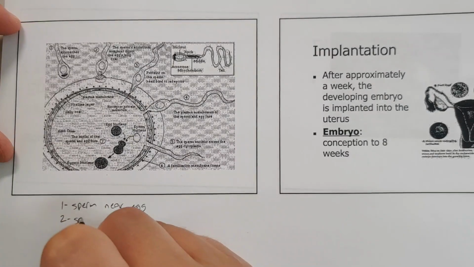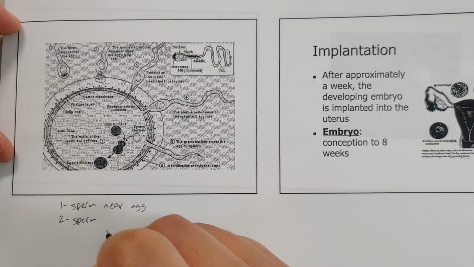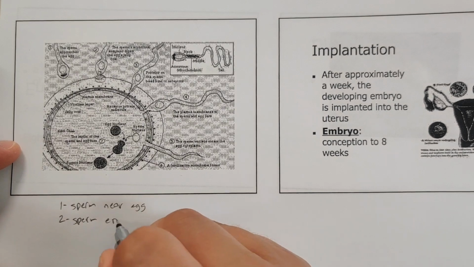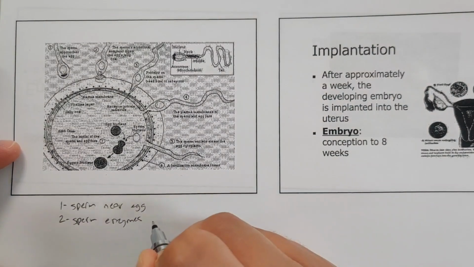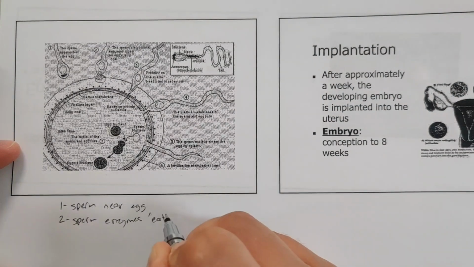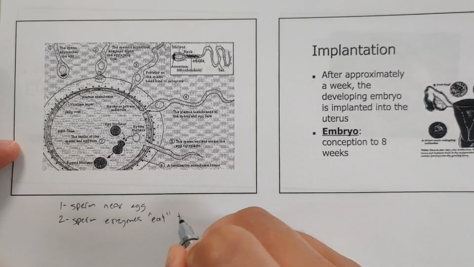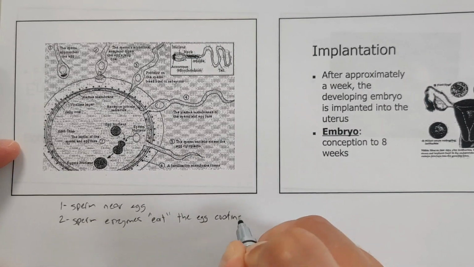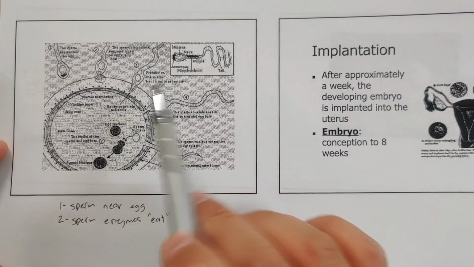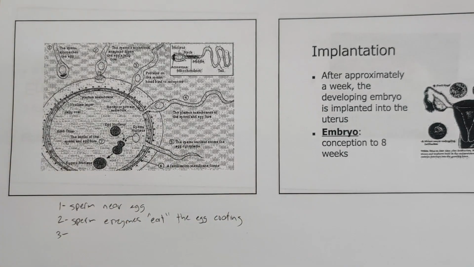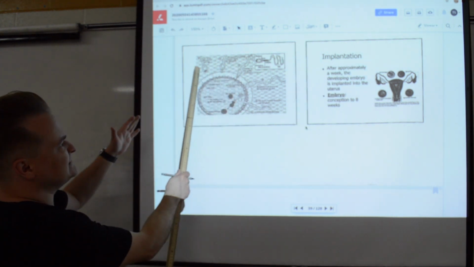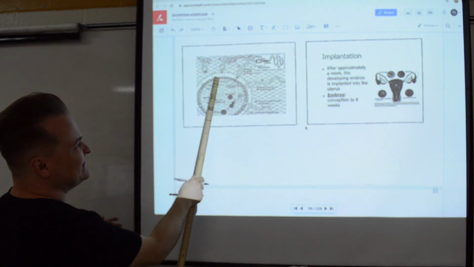Step two, sperm enzymes. Enzymes are like chemicals that can break things down. Sperm enzymes eat, put that in brackets, the egg coating. That's kind of cool. And then next, this is fascinating. So this is step by step what happens. Sperm comes near, the enzymes eat the coating.